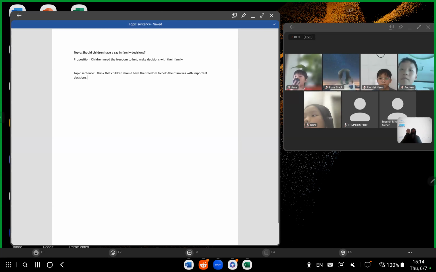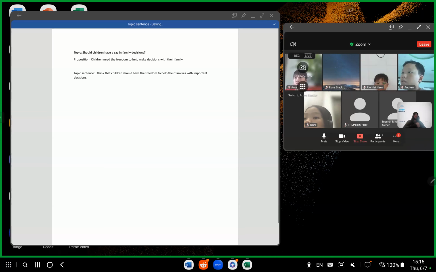So we don't need to try and come up with a big fancy sentence that uses lots of different words, because this sentence has met every point that it needs to make. It lets them know that it's my opinion. It mentions the issue, or it mentions the argument, and it's a short sentence that's easy to understand. So does that make sense to everybody?